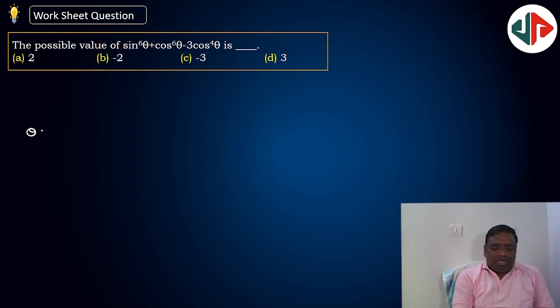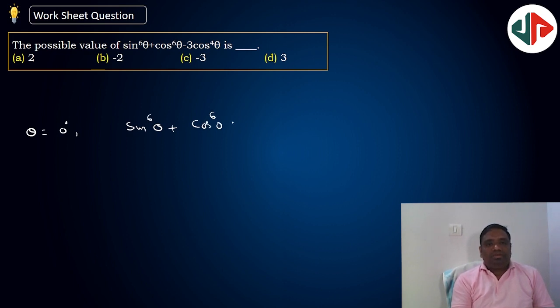Very simple: substitute theta equal to randomly one value, 0. Then sine 0 plus cos 0, whole power 6, minus 3 times cos power 4 of 0. Sine 0 is 0, cos 0 is 1. So your answer is minus 2.